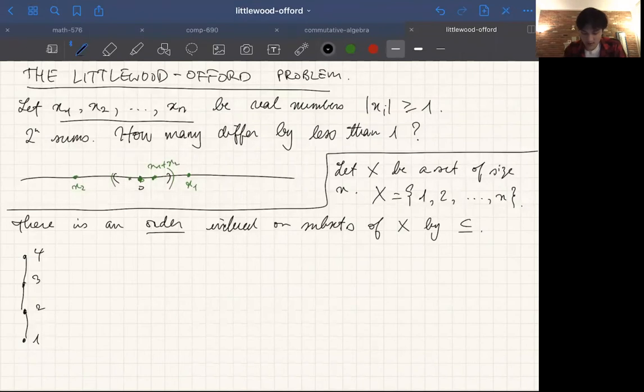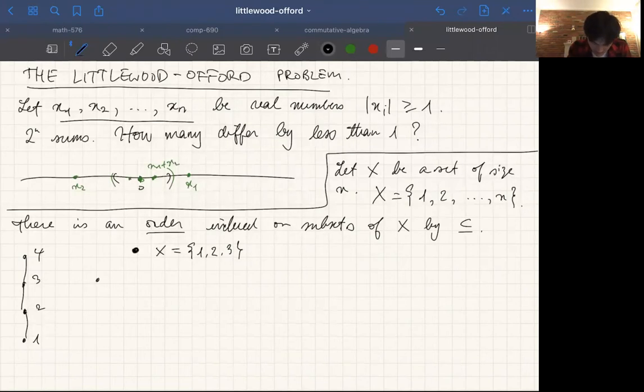But when the order that we have on the subsets is not a total order like this, it's a partial order. And I think the best way to see that is just by an example. So for example, if we take x equals {1, 2, 3}, say that's x, right?